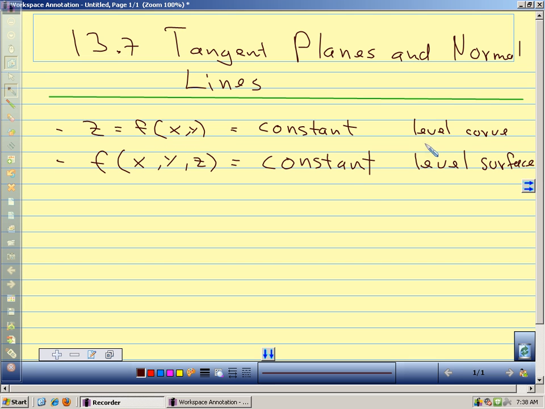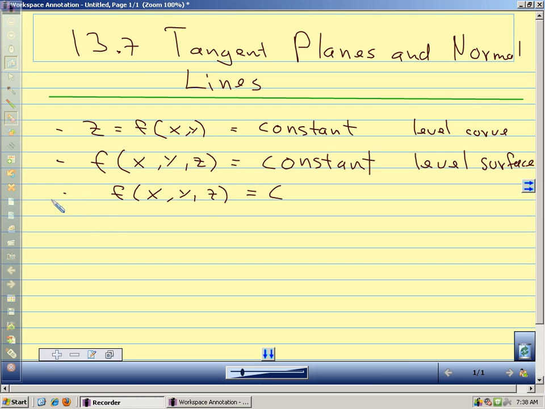And today we're going to be interested in functions of this form. So we're looking at f of x, y, z equals some constant.